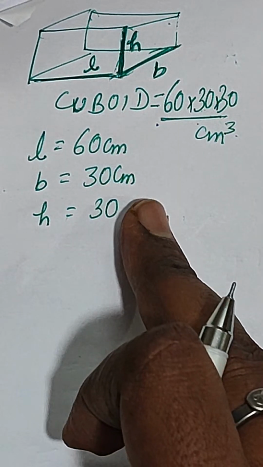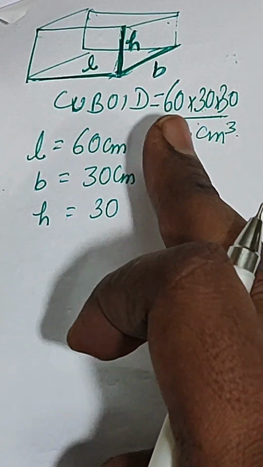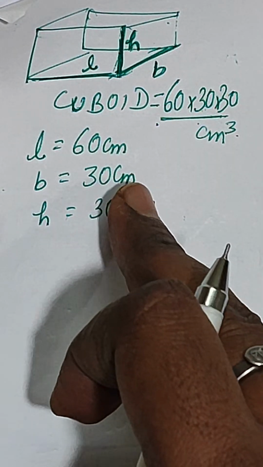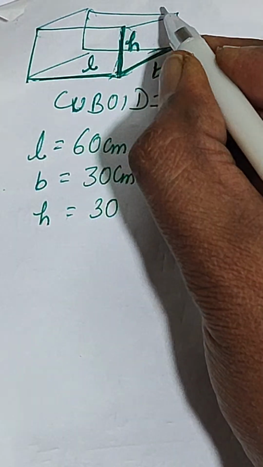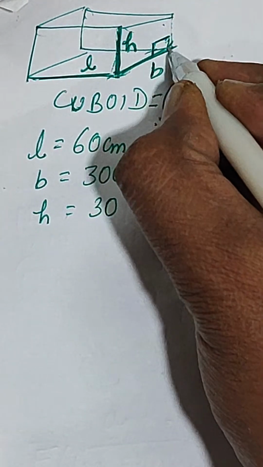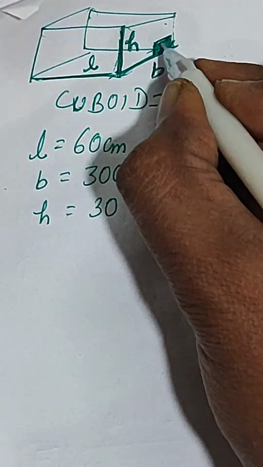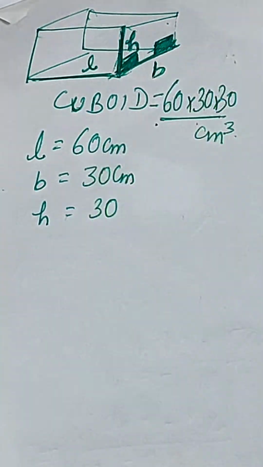Into this question, this cuboidal cartoon whose dimensions are given to you, some packets are placed inside it. If this cartoon is open, we are putting some packets over here, maybe one packet into this corner, a second packet like this.